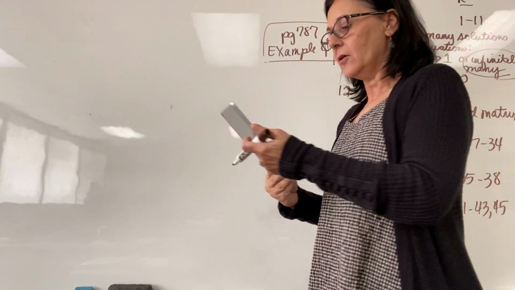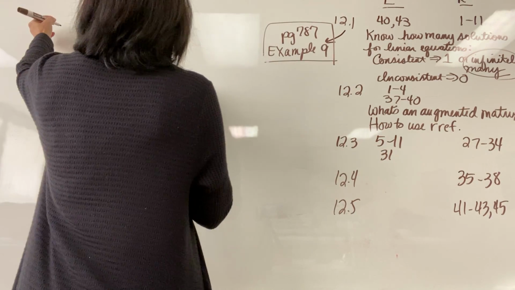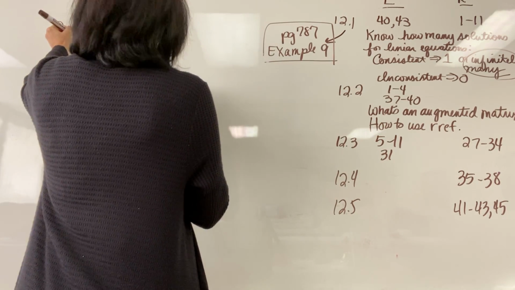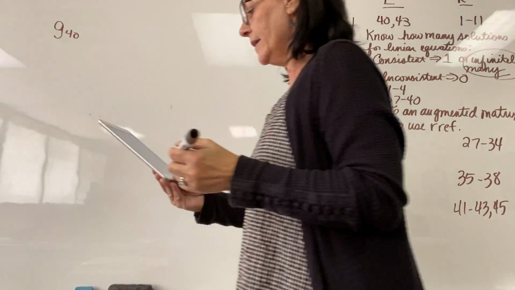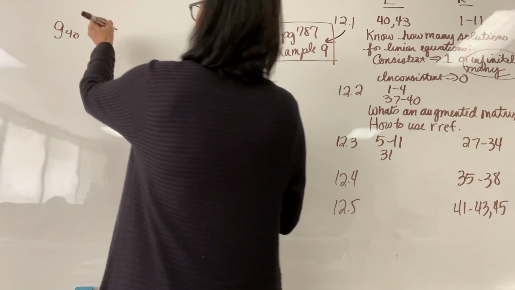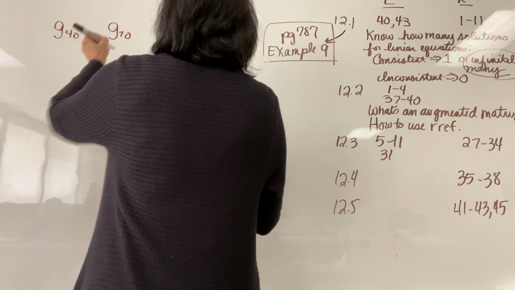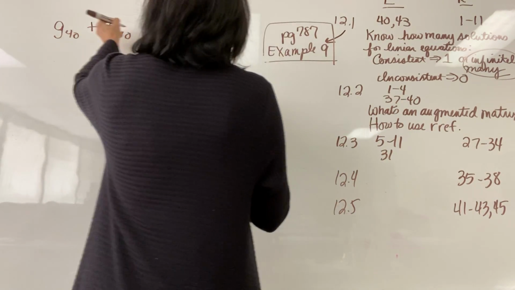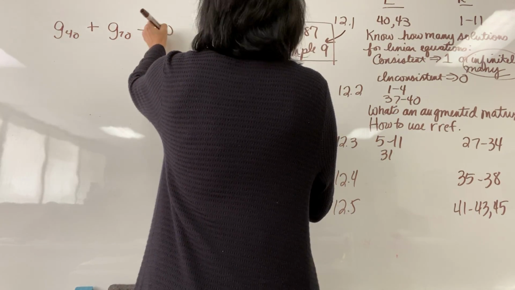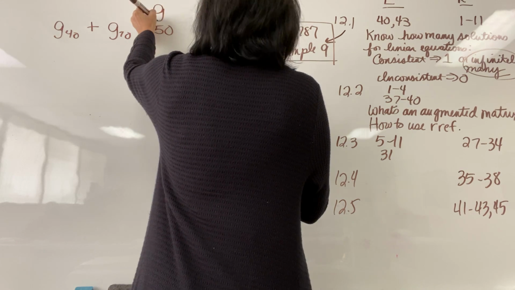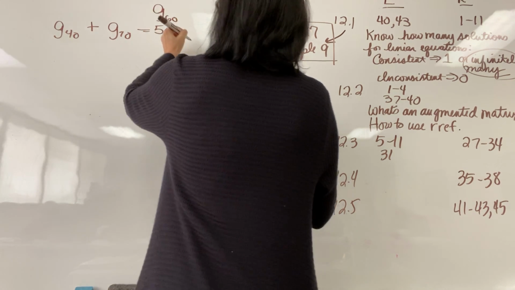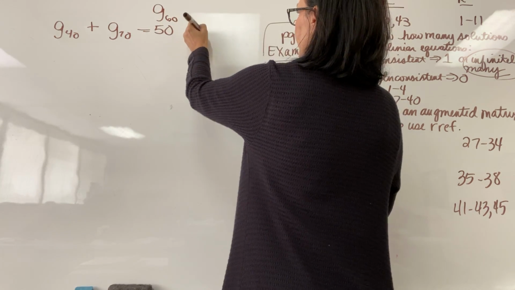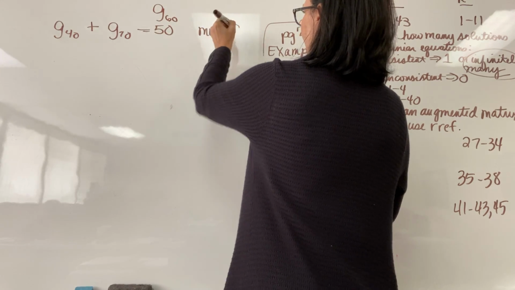All right, an alloy containing 40% gold, I'm going to call that G40, and an alloy containing 70% gold, G70, are to be mixed to produce 50 pounds, and that's going to be gold 60. So this is how much of each.